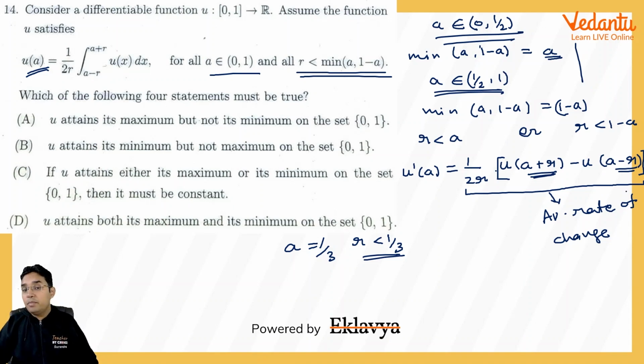And this, please understand, should be true only if this function is a linear function. I am concluding it directly. It can be concluded because this kind of thing is possible only if your function is linear. If it is not linear, you cannot have the average rate of change equal to u dash a for infinite possible values of r. You can think upon it. So u(a) has to be a linear function.